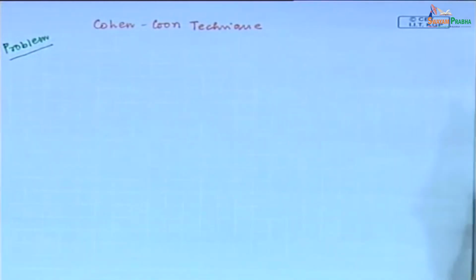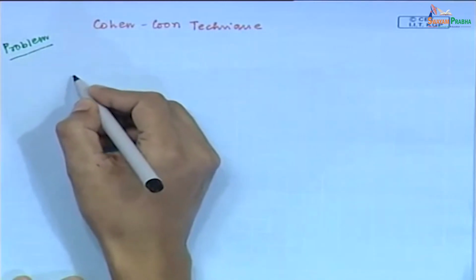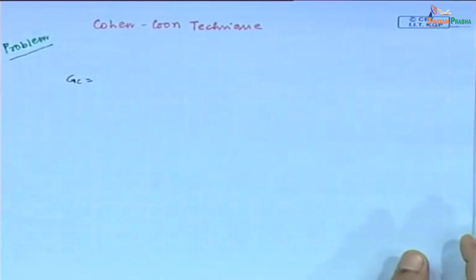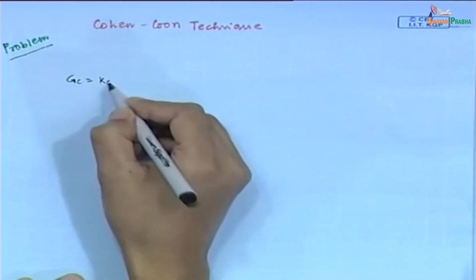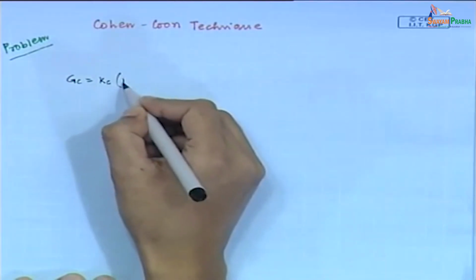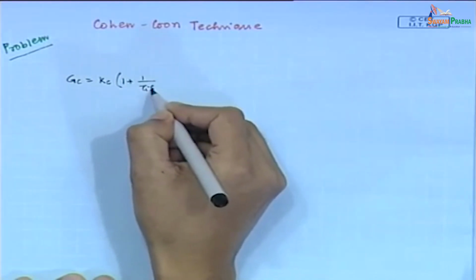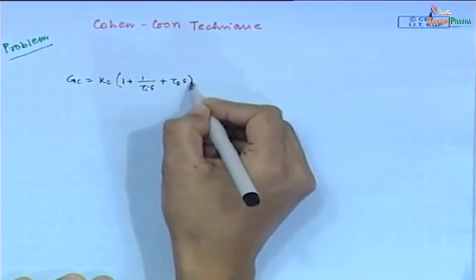The closed loop block diagram is given with the transfer function of the controller as Gc equals Kc times 1 plus 1 divided by tau_i s plus tau_d s.